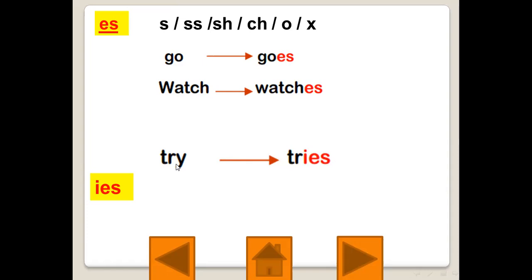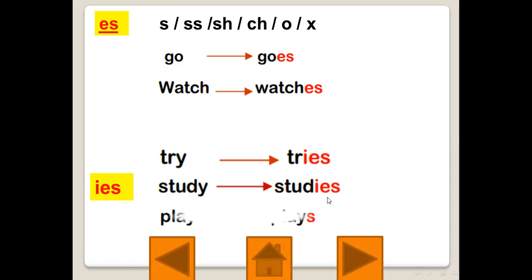So we omit y and add ies. So, tries. Here also, the verb study ends with y, and there is a consonant letter before y, the letter d. So we omit y and add ies.